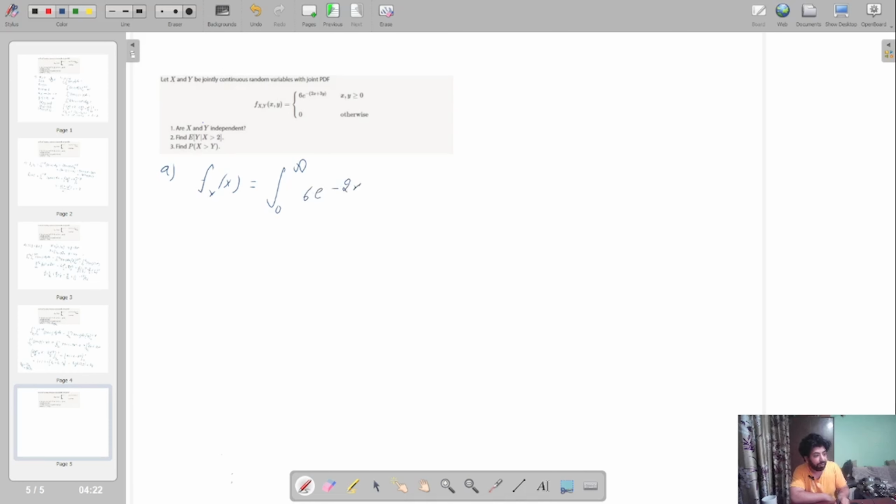So I'll have 6 e to the power minus (2x plus 3y) here, and now I'll write dy. So I can write this as 6 e to the power minus 2x, with 0 to infinity, and then e to the power minus 3y dy.